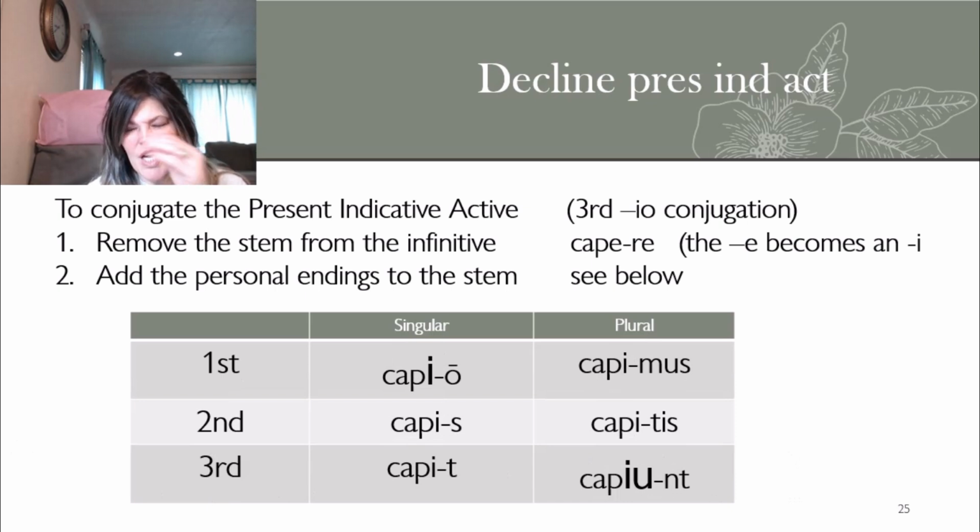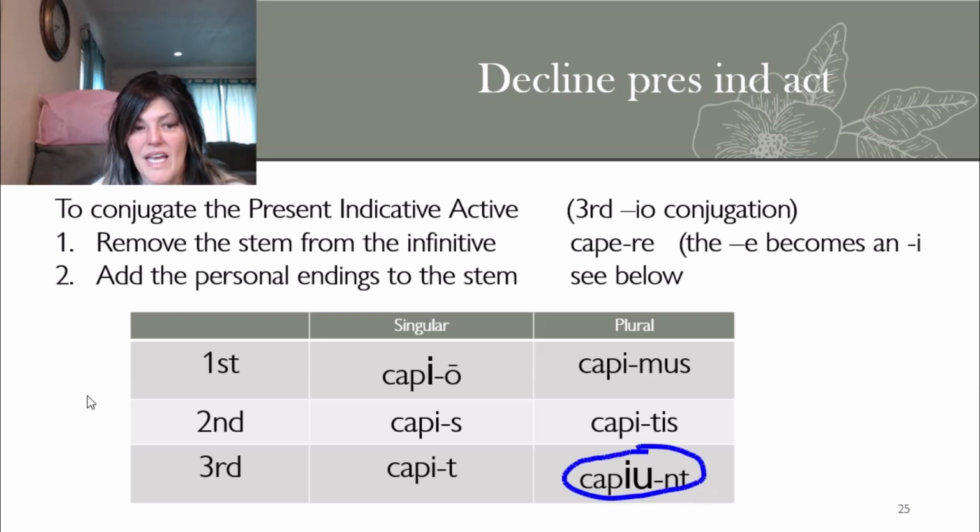Then when you look at the third IO, same thing, that E sound becomes an I sound, with the I becoming our vowel, but the I stays. See, it doesn't just turn into an I, it stays there, like down here with capiunt.